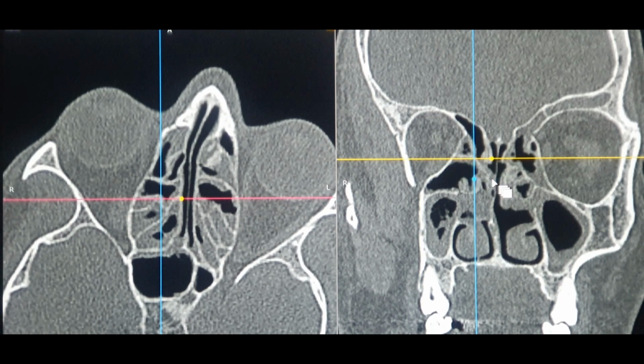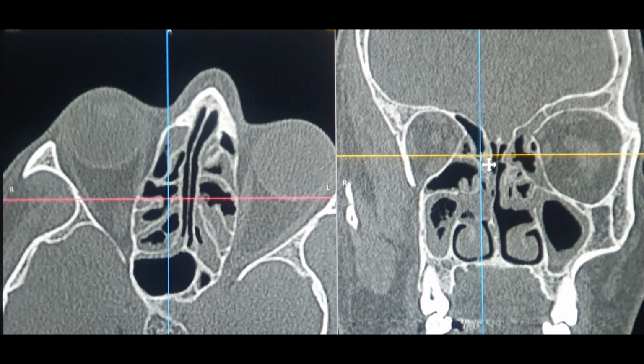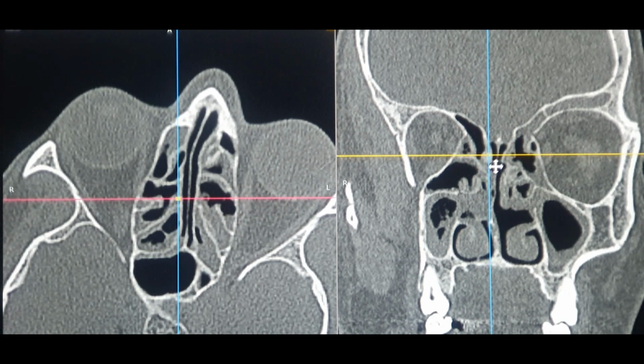Now if I keep on going behind, with my cursor over here, this is a superior turbinate. As you can see, the superior turbinate is also attached to the base of skull, but it is posterior to the basal lamella, so it becomes a part of the posterior ethmoids. You can see this is the septum, and it is always along the septum, not way far away from it.